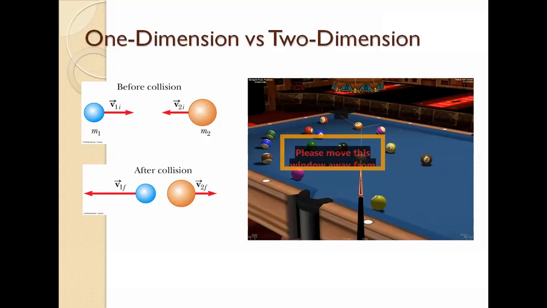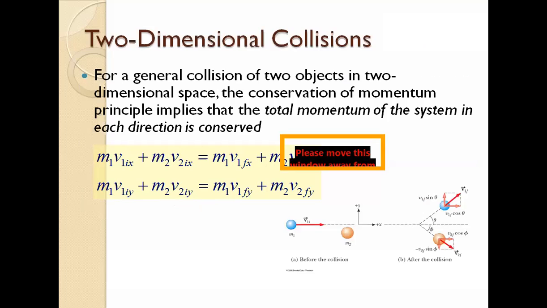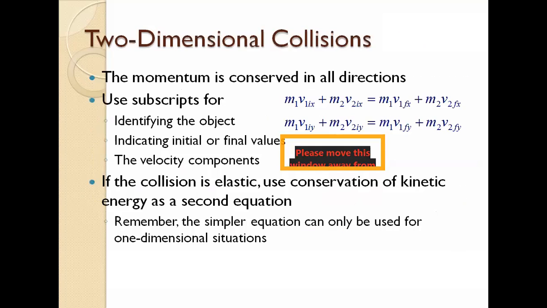You can see here the equations for 2D collisions, X direction, Y direction. You have two equations, so if you solve these equations, you get the velocity of the objects. Moving into 3D, similarly you can also discuss 3D, where you have X, Y, Z. Okay.